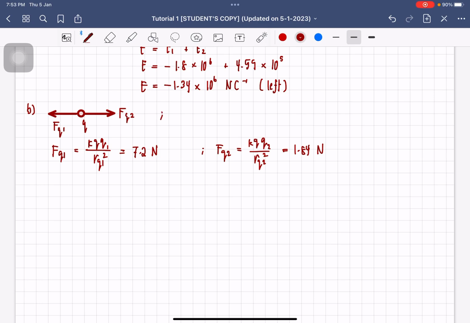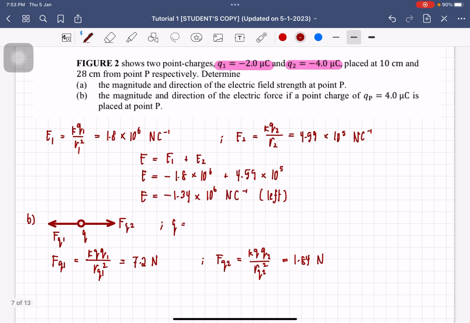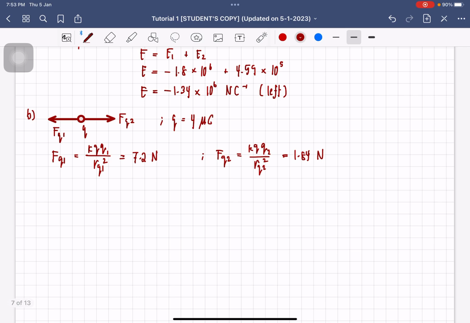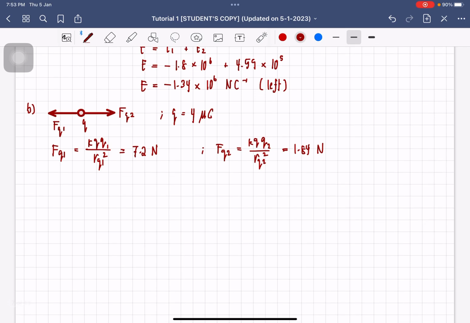The value of Q here is given, which is 4 microcoulomb. Don't get confused about which one to use. Since this is again in one dimension, we just add them together. So FQ1 plus FQ2 equals negative 7.2 plus 1.84, which is negative 5.36 Newton, pointing to the left as well.